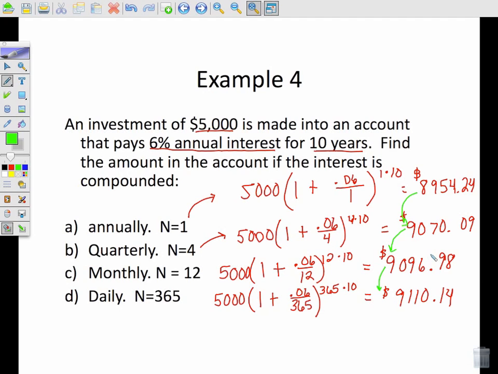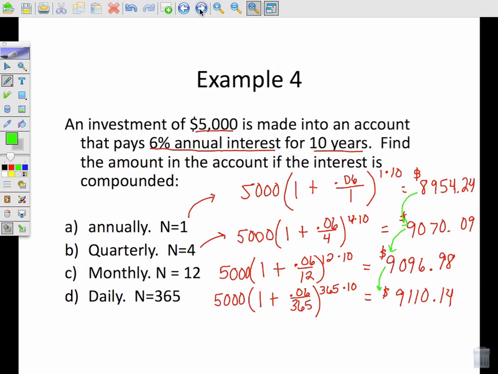So between 89.54 or so, we can see that we have an increase of roughly 110 or so, and then between 9,070 to 9,096, it's an increase of about 26, and then we've got an increase of about 14. And so the more that it's compounded, it's increasing by a smaller amount.